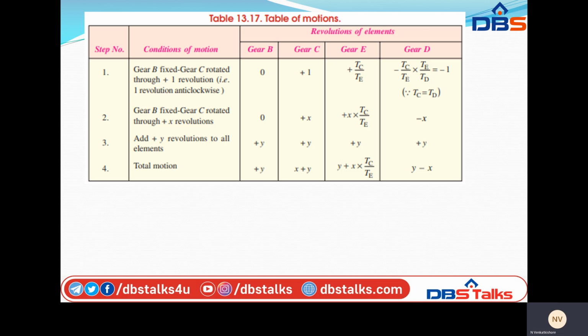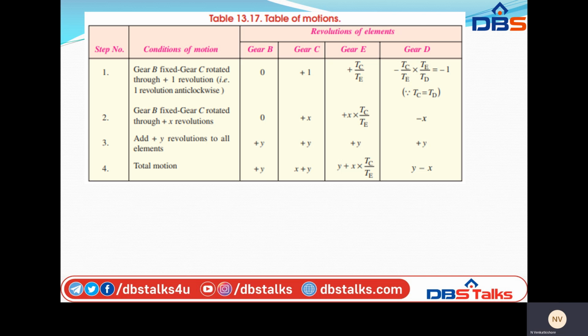Since C and D are both connected and have the same number of teeth, for gear D it is TC by TE into TE by TD, which equals -1. Since TE gets cancelled and TC and TD are the same, those two also get cancelled, so it equals -1, since it is in the clockwise direction.